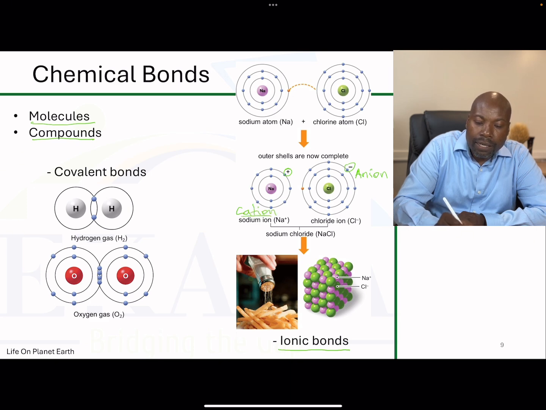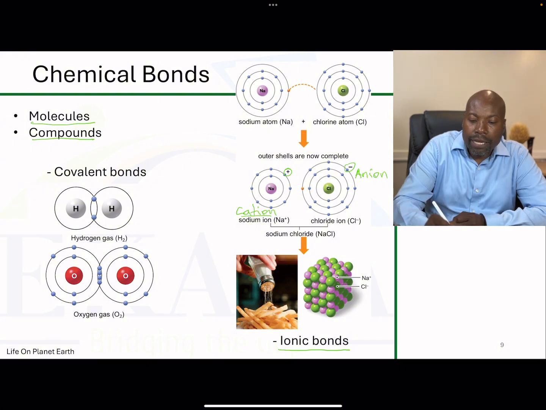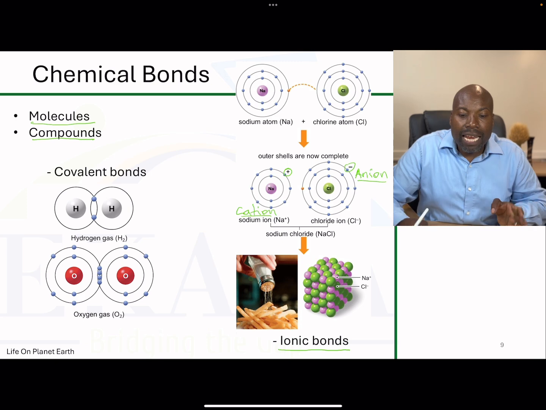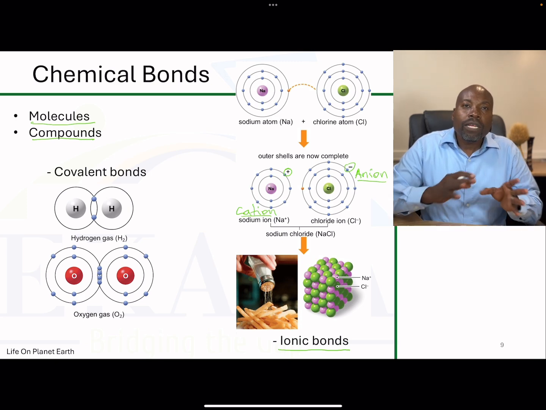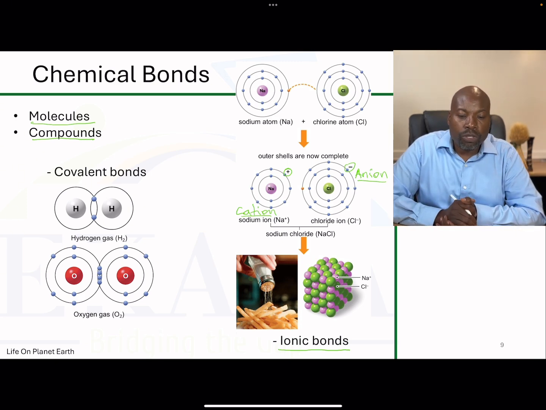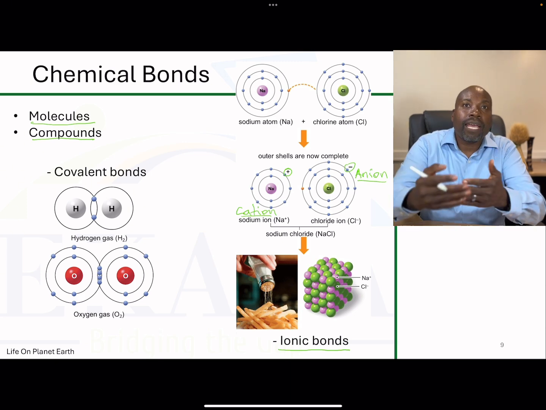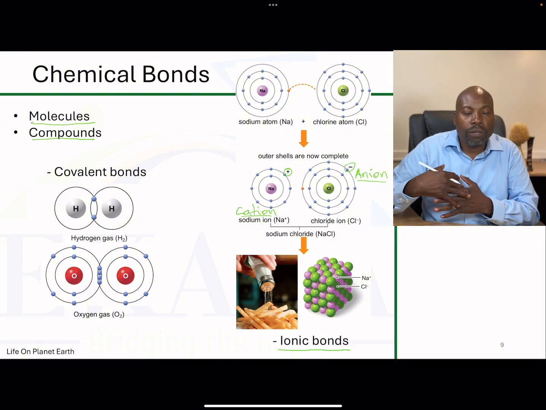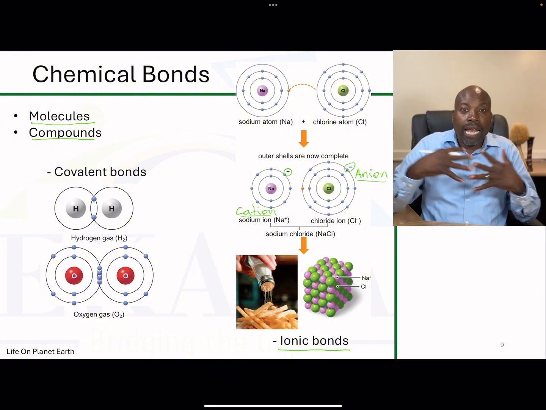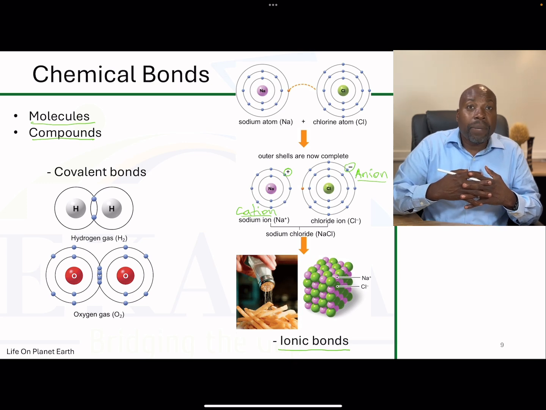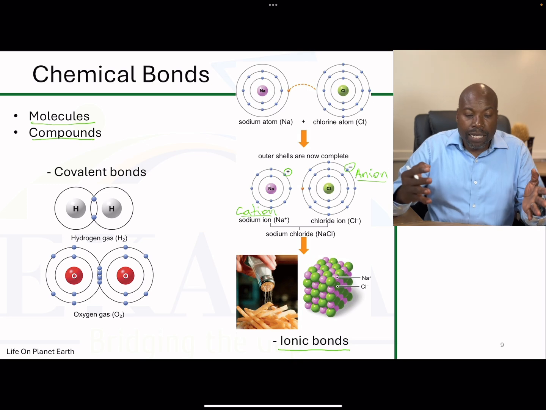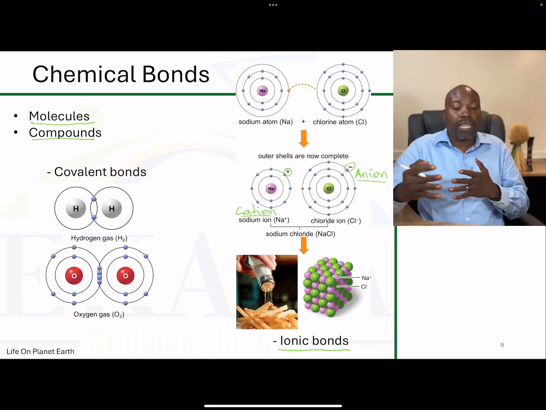Cation is positively charged, anion is negatively charged. Now, some elements, when considering their outermost electron shell, rather give up an electron or accept an electron from another atom. Now they are going to come together through being two ions, charged differently, one positively charged, one negatively charged.